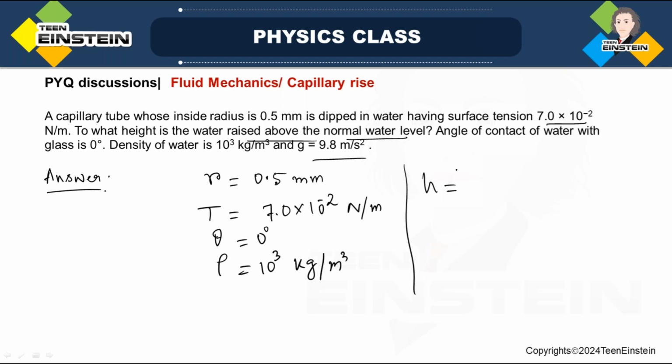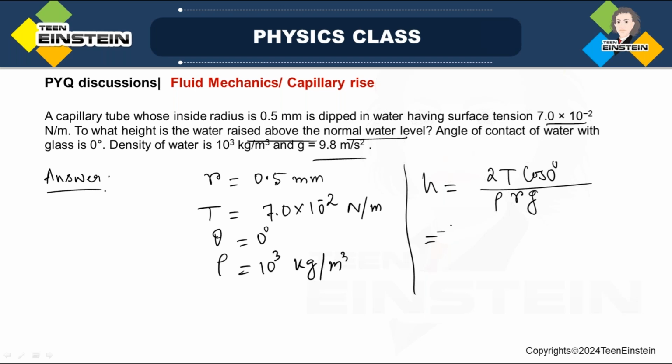That means the normal formula will be used. So h is equal to 2T cos theta, theta is the angle of contact, here it is 0 degree, divided by rho, r and g. Let us put the values of all these parameters.